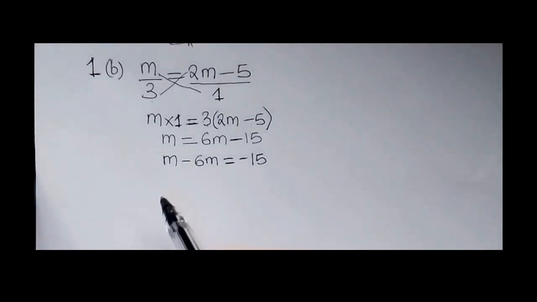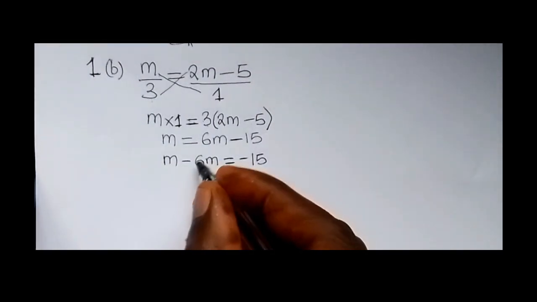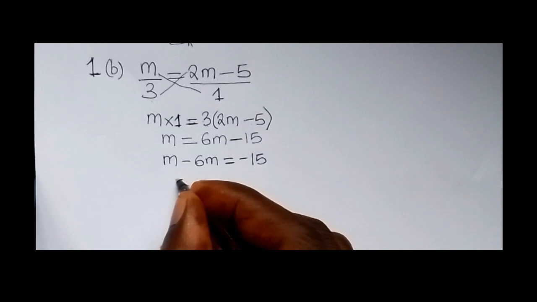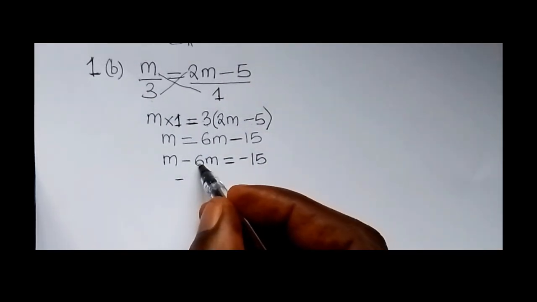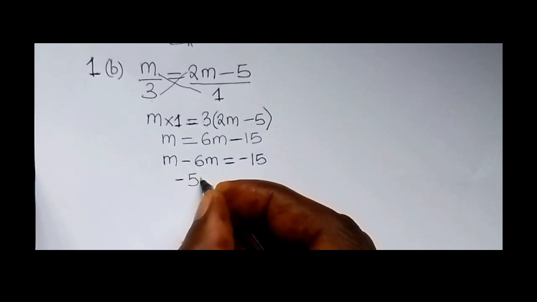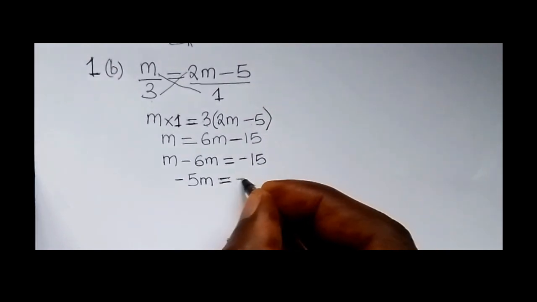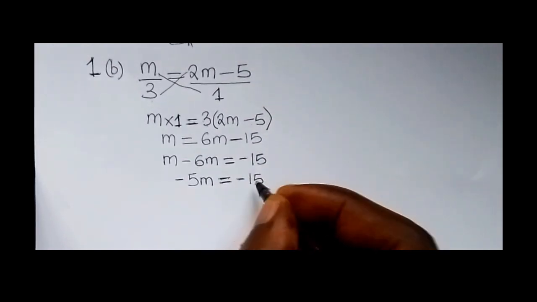So in this case, keeping the sign of the larger term, negative 6m, means we're keeping negative, and then subtracting 6m minus m gives us 5m, and that is equal to negative 15.